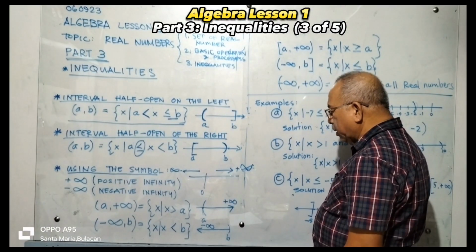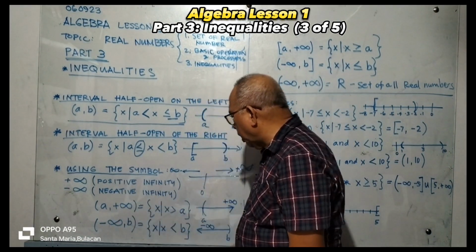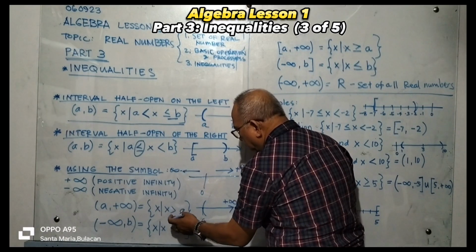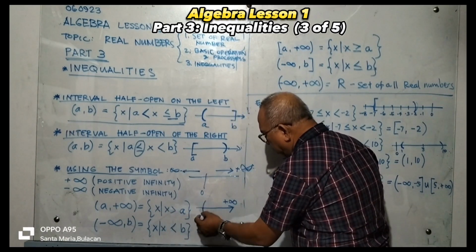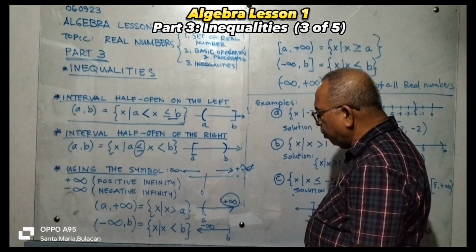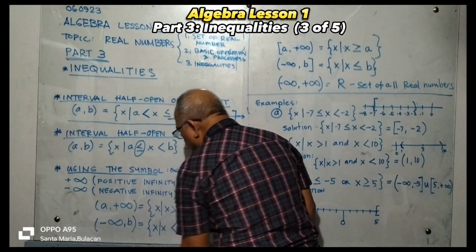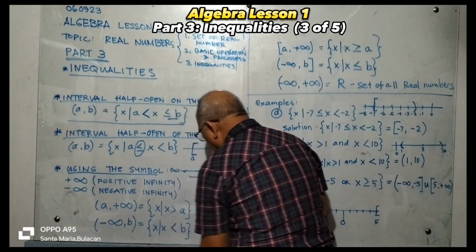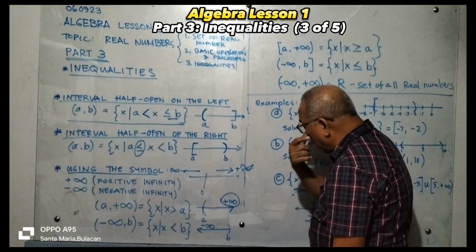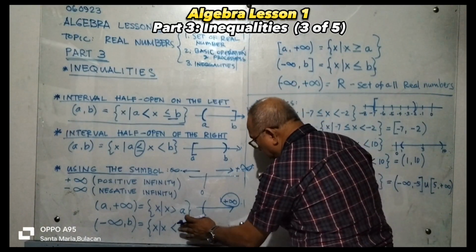Now, applying this, for example, positive infinity, so sa interpretation natin, from that, X such that X is greater than A, so starting from A, going to that direction with using the symbol plus infinity. Whereas on the other hand, negative infinity and B. So it started at B, going to that direction. Therefore, we have the X such that X less than B.